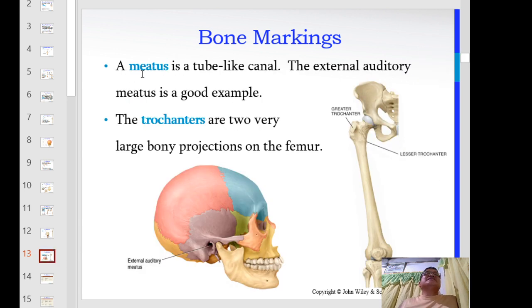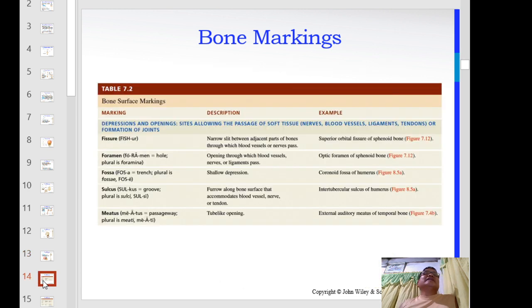So we have still here an opening, meatus, kanang sidunggan. We have another processes, projection, bony, trochanters, na siya dapit sa hips, no? Attachment na siya sa muscles. Okay, so these are example of markings.